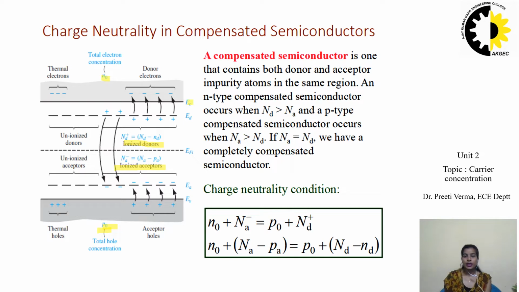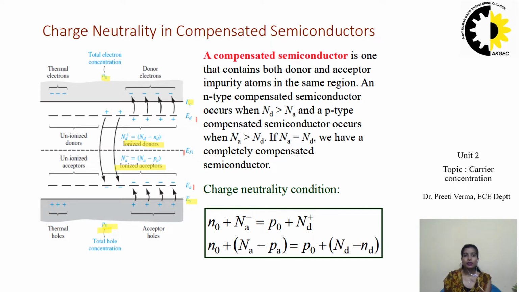Ec is the conduction band energy level and Ev is the valence band energy level. Here Ea and Ed are the acceptor level and donor level, and EFi is the Fermi energy level.